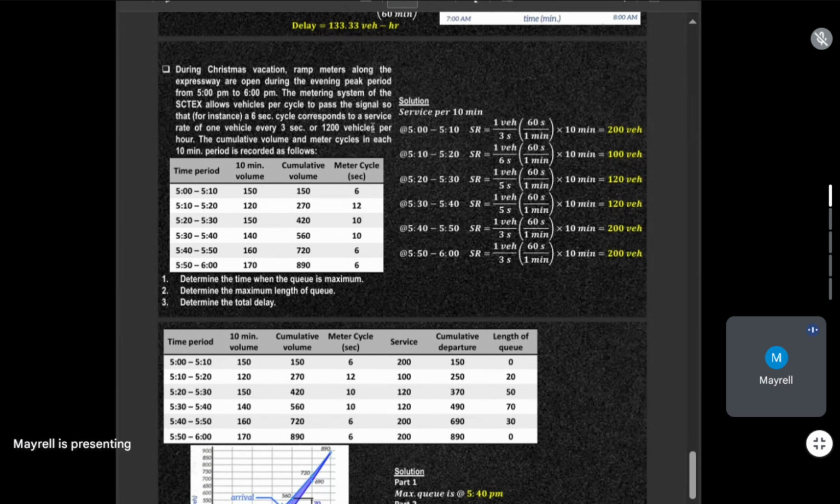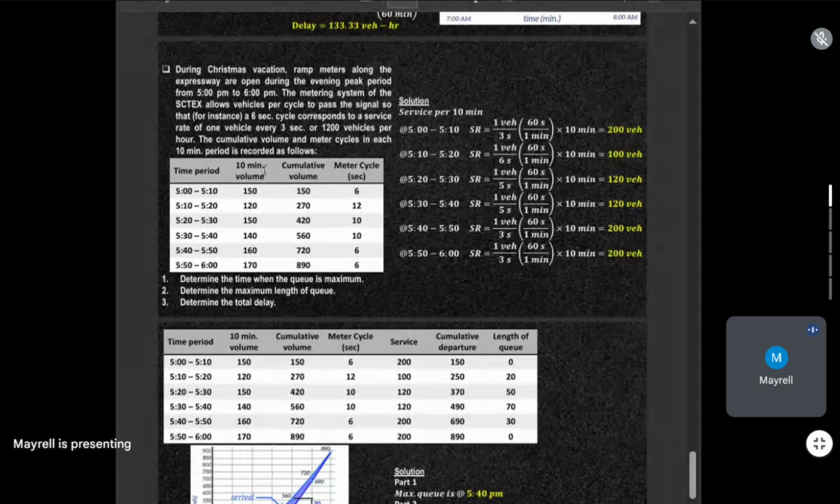The cumulative volume and meter cycles in each 10-minute period is recorded as follows. So you have the time period from 5 to 6 p.m., and then that's every 10-minute interval.